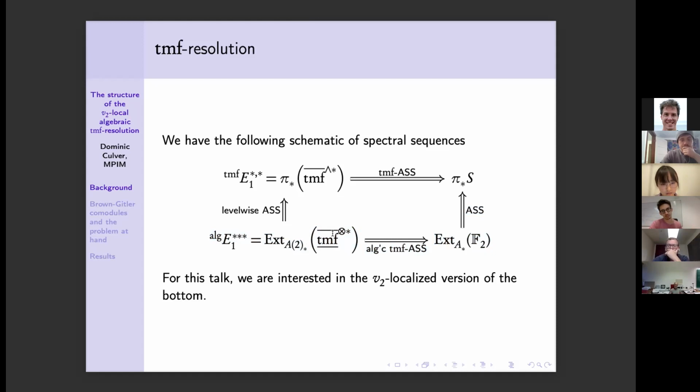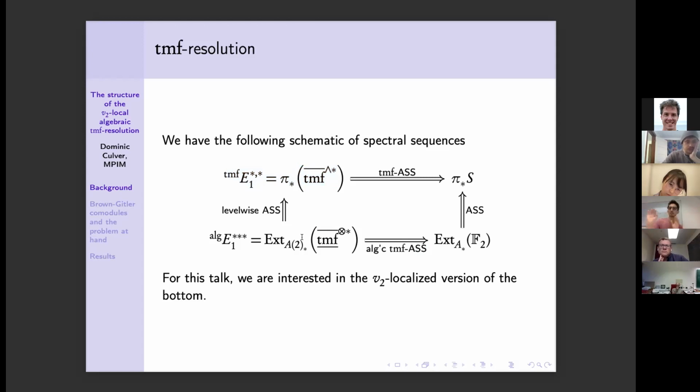And in that situation, basically what Mahowald, and then also Mahowald-Lellman, figured out is that all the things that show up here and here consist of certain patterns. They consist of bo patterns or bsp patterns or Adams covers of bo or bsp patterns. But the thing is, when you invert v1 in the bo situation, an Adams cover of a bo pattern or an Adams cover of a bsp pattern just becomes a bo pattern that's been shifted around.